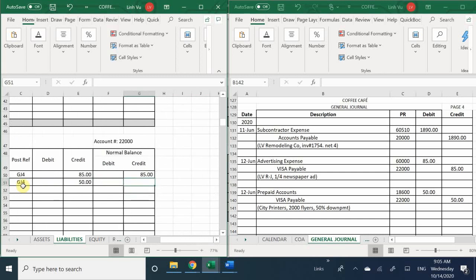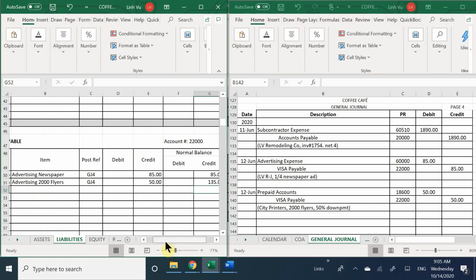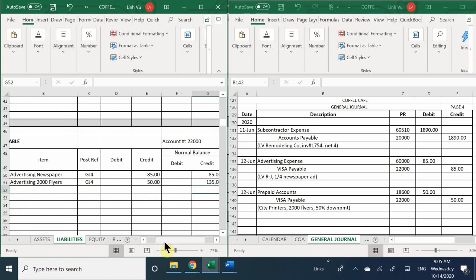So my formula here is going to go up, right? Because that's our current balance, we add any credits and subtract any debits to get to a grand total of $135 in our ledger account for my credit card.